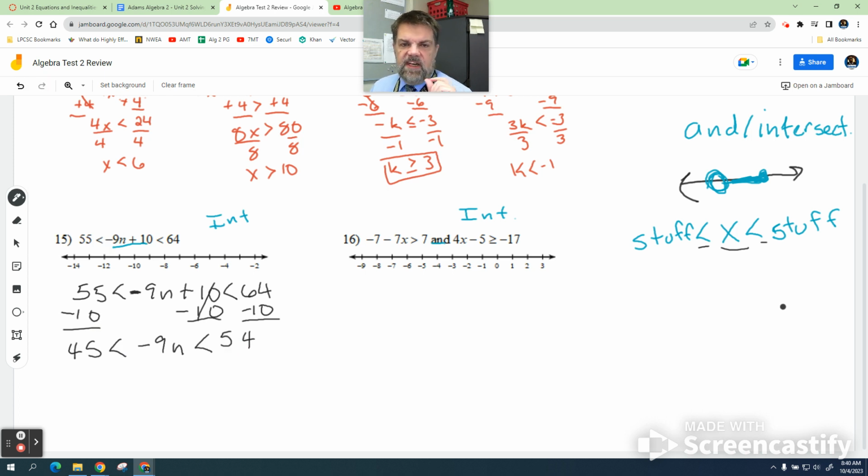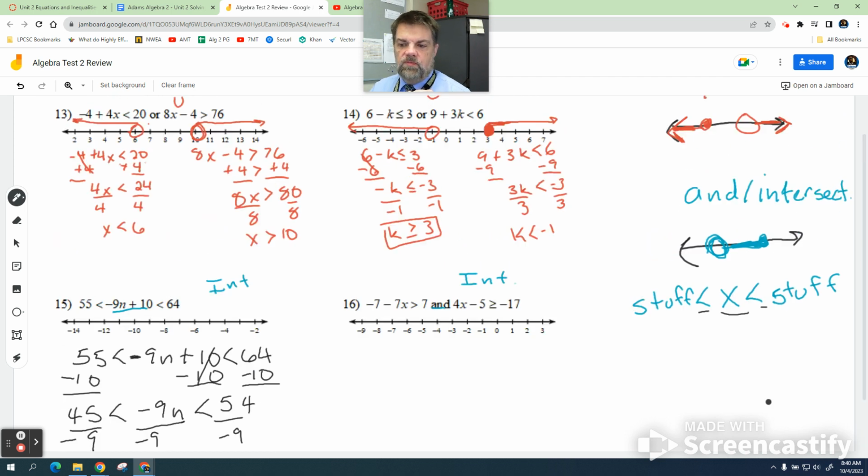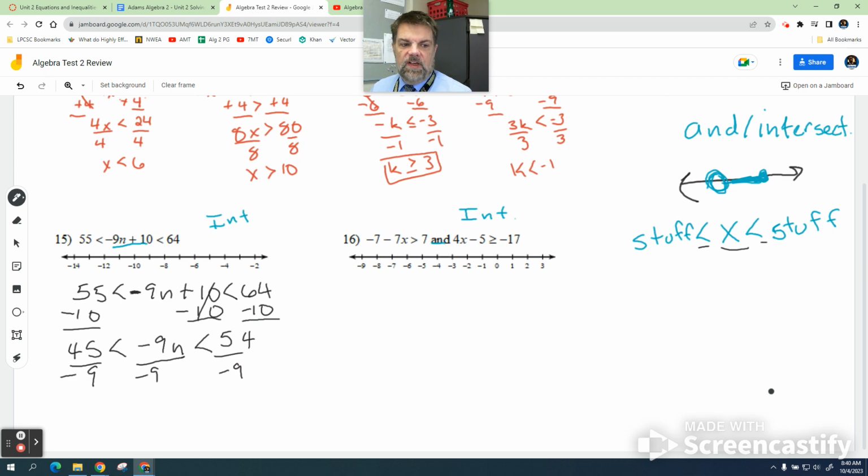Okay, now what do we do? Divide by negative 9, totally leaving the n in the whole thing. When I divide by a negative number, though, what do I have to do? Yeah, I'm going to have to switch the signs this way. What's 45 divided by negative 9?